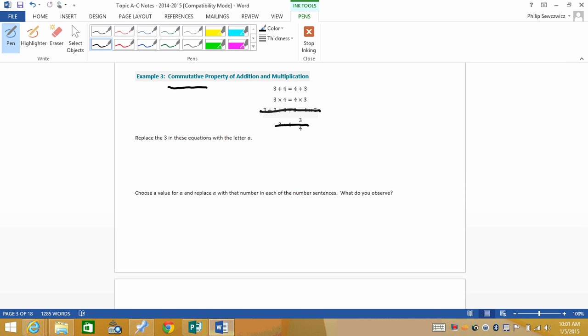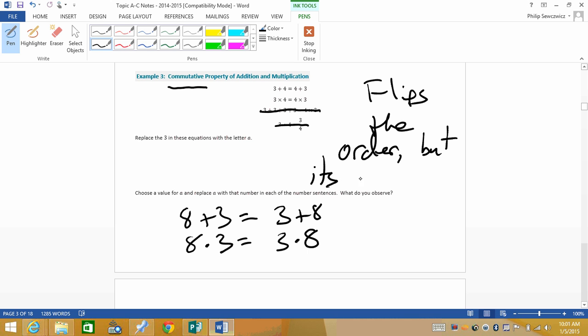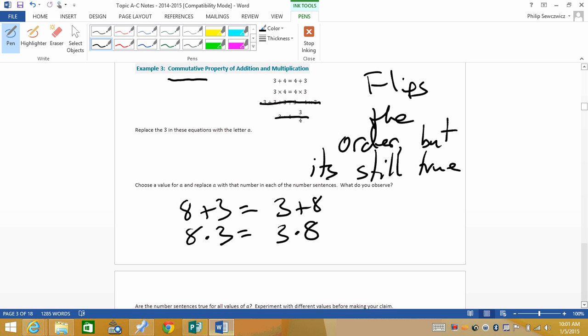So 8 plus 3 is 11, the same as 3 plus 8, which is also 11. 8 times 3 is 24, and 3 times 8, if we flip the order around, is 24 as well. So commutative flips the order, but it's still true. That's the big thing with that property.